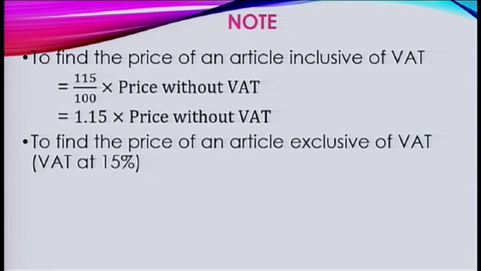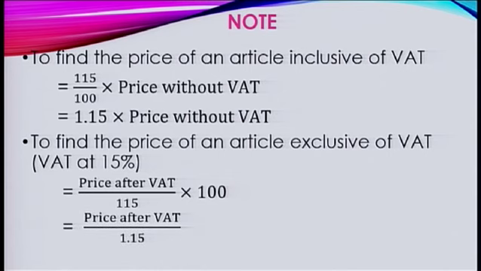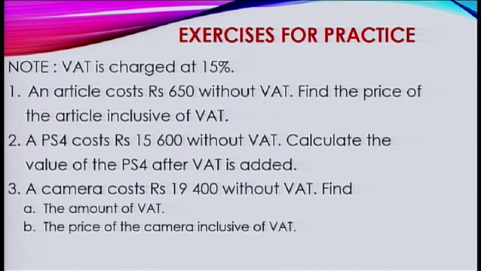Given that VAT is at 15%, you take the price after VAT, divide by 115 times 100, which is the same thing as price after VAT divided by 1.15. Clear? Right.